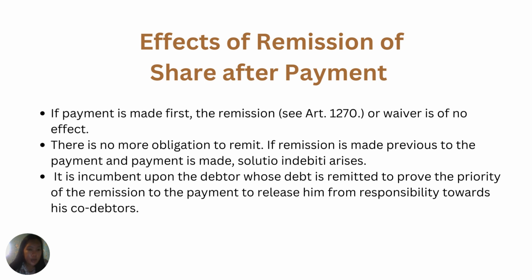Number one, if payment is made first, the remission or waiver is of no effect. Second, there is no more obligation to remit if remission is made previous to the payment and payment is made, so no indemnity arises. Third, it is incumbent upon the debtor whose debt is remitted to prove the priority of the remission to the payment to release him from responsibility towards his co-debtors.